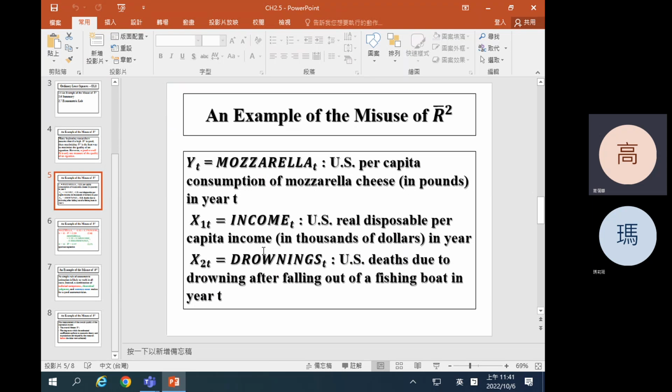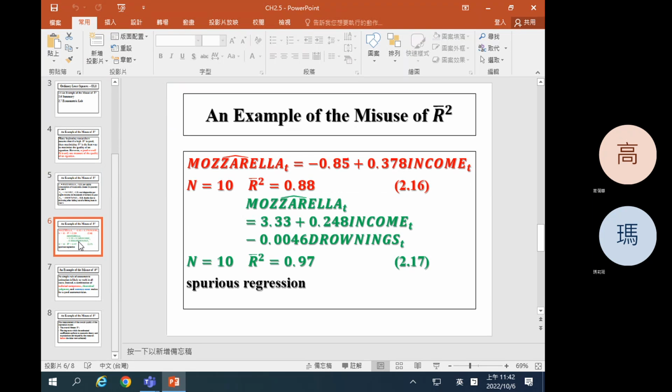The book shows two equations. One is 2.16, and the sample size is only 10. This one, the red one, uses just income as an X variable. Then the second one, 2.17, uses another variable, called drowning. It doesn't make any sense.